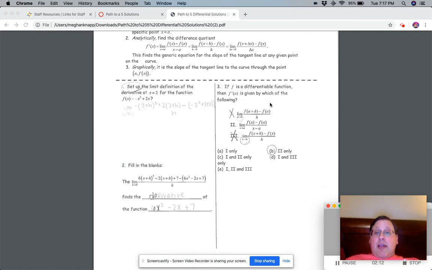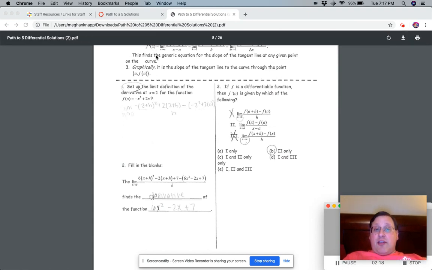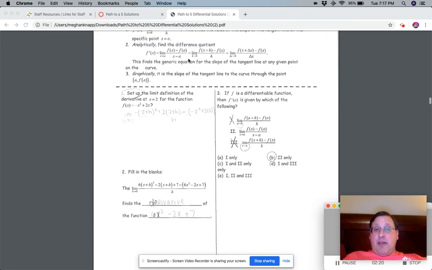With 3, this is a little bit tricky as a multiple choice question. Statement 2 is our direct derivative limit from the top of the page up here. 1 and 3 really look an awful lot like it. Number 3, there's 2 things wrong with it. First off, this would be the derivative of f at x, not a.